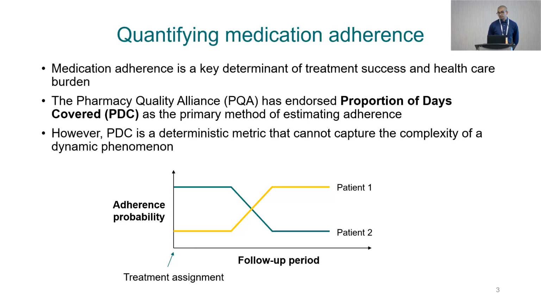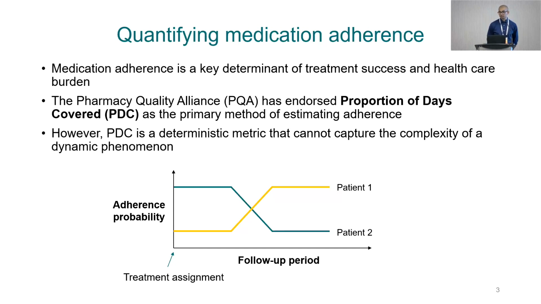As you can imagine, the PDC is kind of a bulk metric. It's a deterministic metric that cannot capture the complexity of a dynamic phenomenon such as adherence. So I'm just showing you an example of adherence trajectories for two hypothetical patients, where patient one initially has low adherence to the treatment that was assigned to them at time 0 at the beginning of the follow-up period.